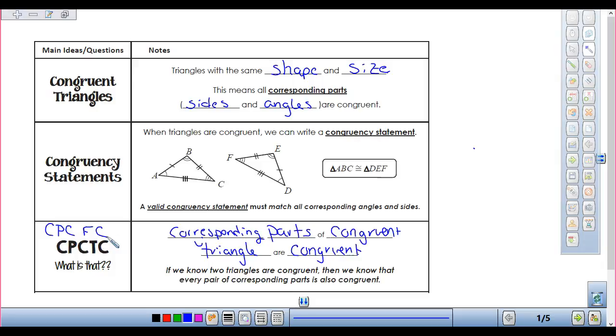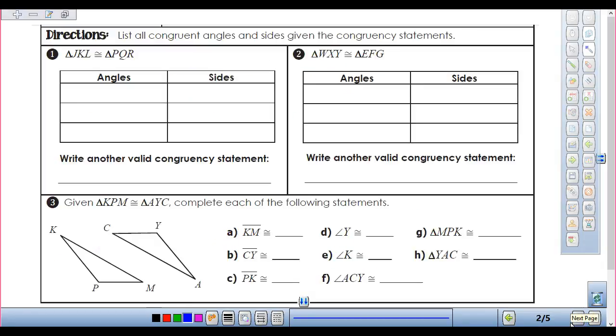The next part today isn't so bad. They give us the congruency statement that triangle JKL is congruent to triangle PQR. All they want is to list the congruences according to the congruency statement. So angle J is going to be congruent to angle who?